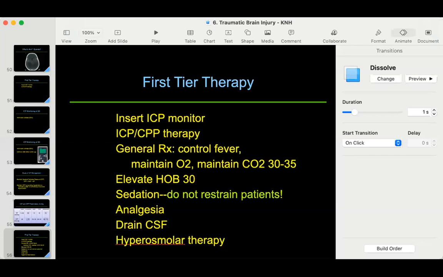The disadvantage is, one, for patients with kidney injury, especially acute kidney injury, because it's an osmotic diuretic, you have to be very careful. But more importantly, you cannot use it in patients who have hypotension, because it will drop the BPs, and the hypotension worsens secondary brain injury.